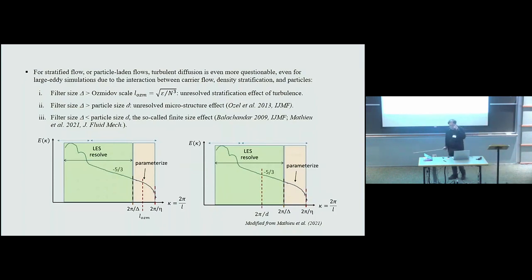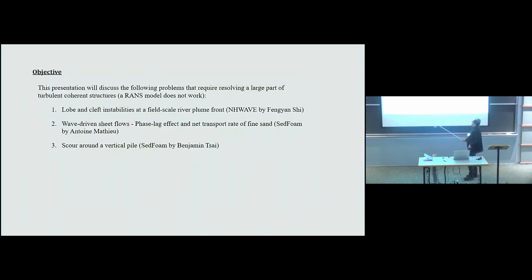But of course, today I'm not going to focus on discussing the closure for multiphase flow. Instead, what I want to focus on is to show you a few coastal applications in which resolving the turbulent coherent structure is really important, and unfortunately, the conventional Reynolds average approach is not going to work.